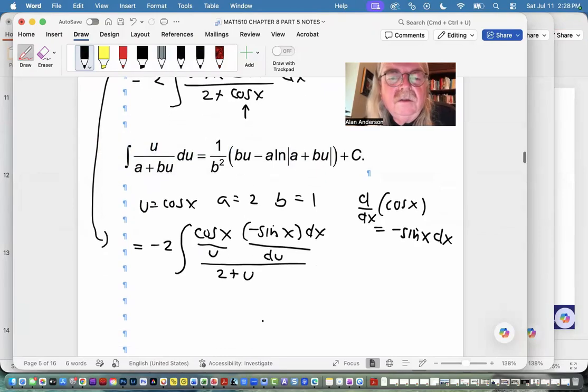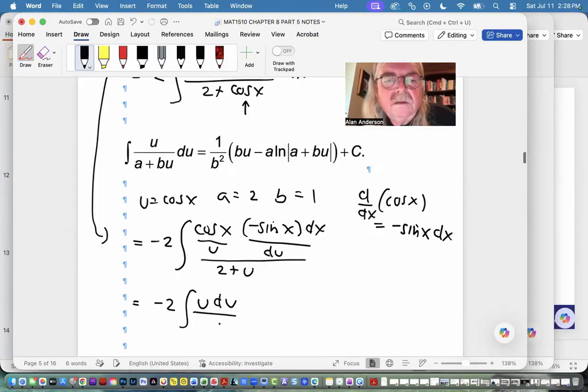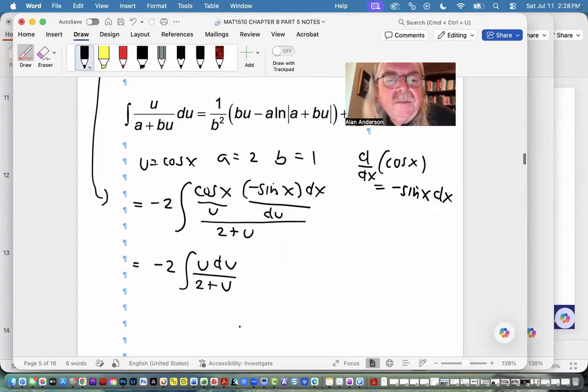So let's see, we have, and then, and again, remember that a is 2 and b is 1, and of course, this is cosine x.